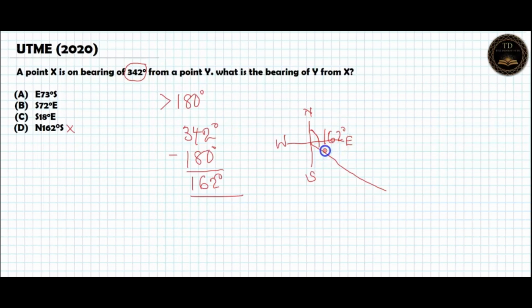So what is left is this angle. For the compass bearing, you always make use of the angle the line makes with this pole. So this would be 180 minus 162, and this will be 18 degrees. So our answer, the correct option, will be this and not this. Please take note.